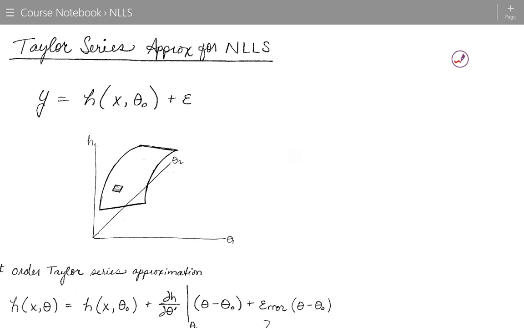If we have our variable y expressed as a function h of our variables x and parameters and our error term, this is our setup for nonlinear least squares. You can think of this in the parameter space, where we have plotted the two dimensions, theta 1 and theta 2. For a given data set, we're trying to find that combination of theta 1 and theta 2 that minimizes the least squares.